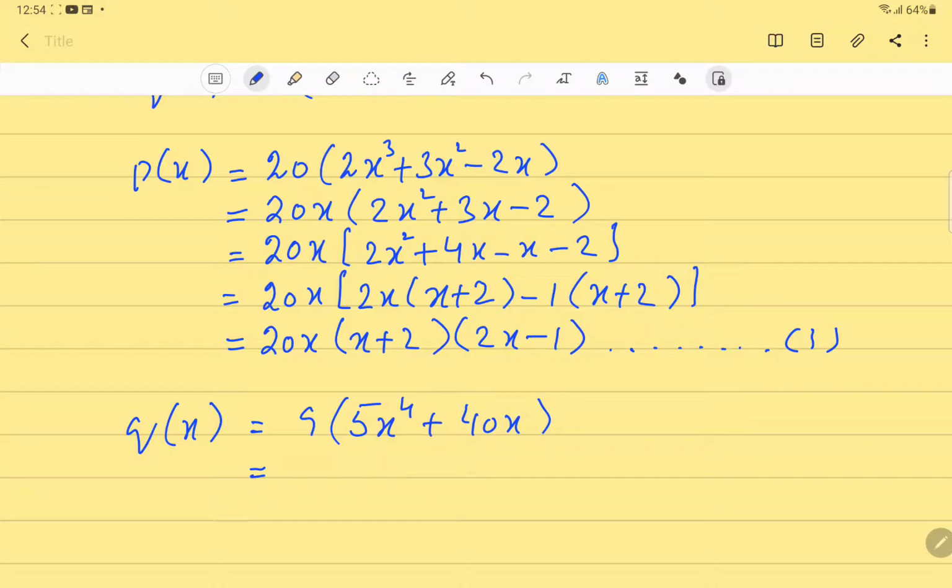The two terms which are in the bracket have 5x common in them, so we will take out 5x, and inside we are left with x cubed plus 8.